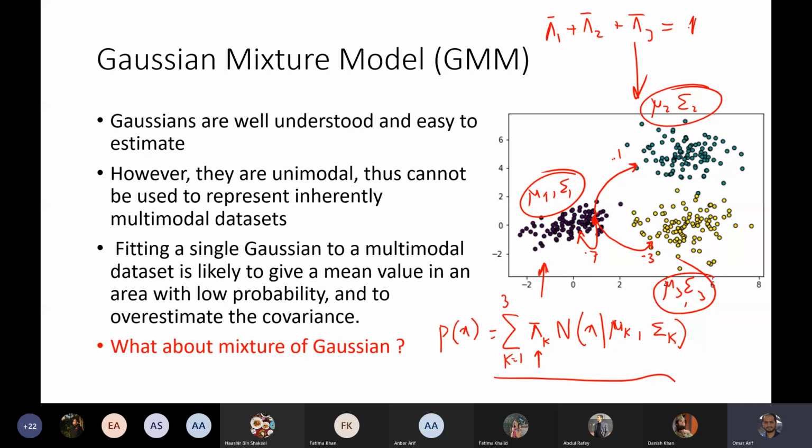By doing that, no matter what these probabilities are, eventually you're going to get a sum which will not be bigger than 1. Okay. So this is our model now. This we will use. This is the Gaussian mixture model. So a Gaussian mixture model represents a distribution given by this equation over here.